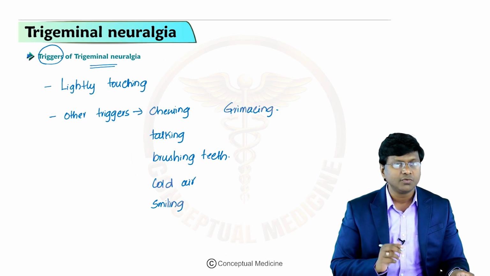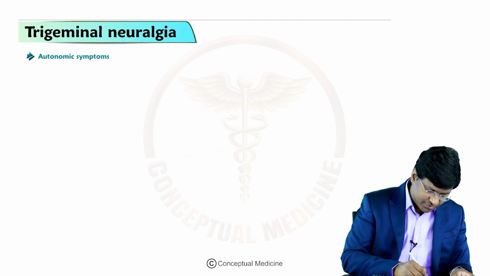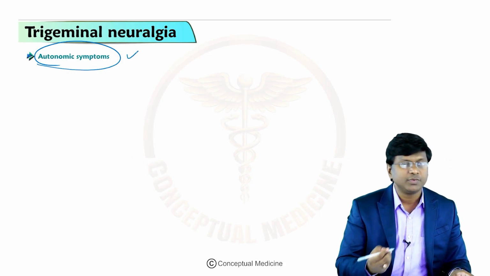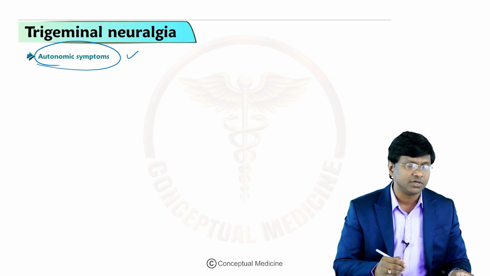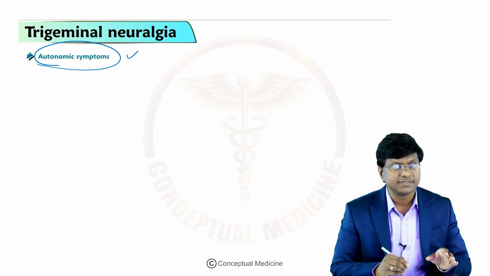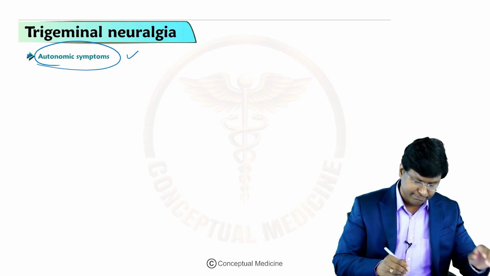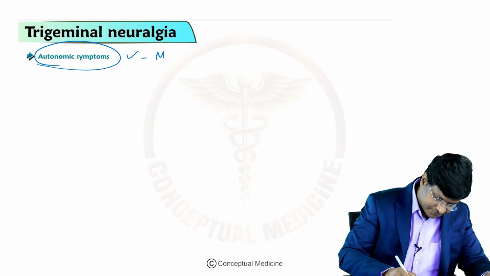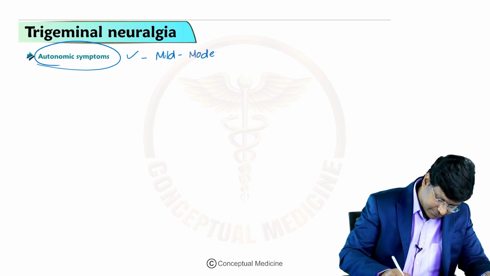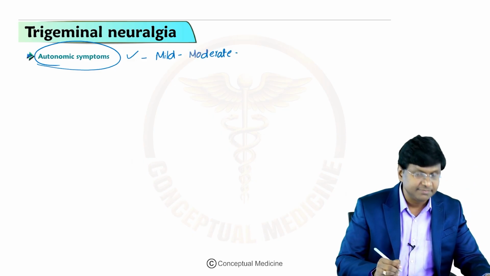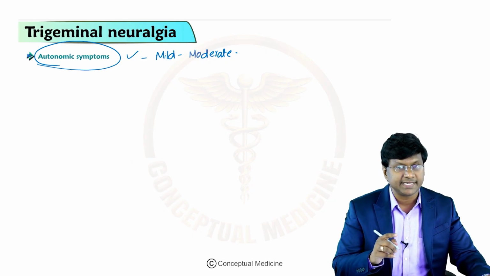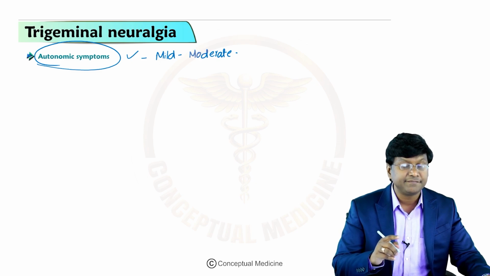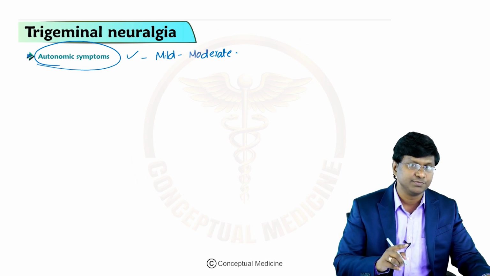Now, these patients with trigeminal neuralgia, along with this electric shock like pain, also have autonomic symptoms. The autonomic symptoms are mild to moderate, and they can occur in association with attacks in the 5-1 trigeminal distribution.